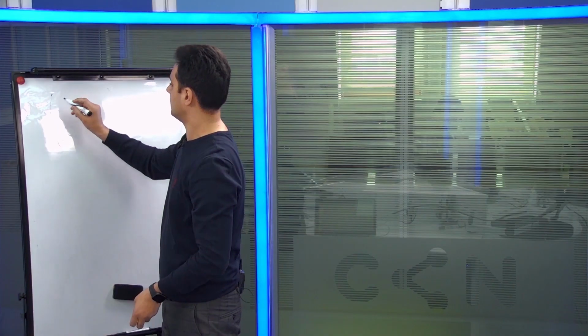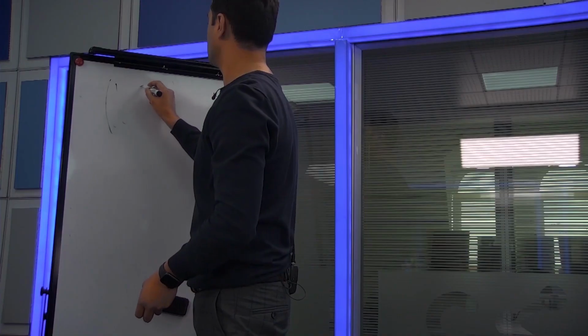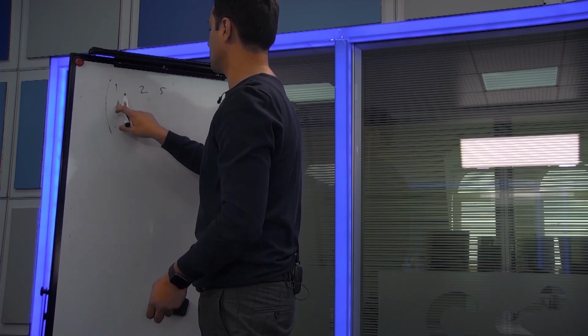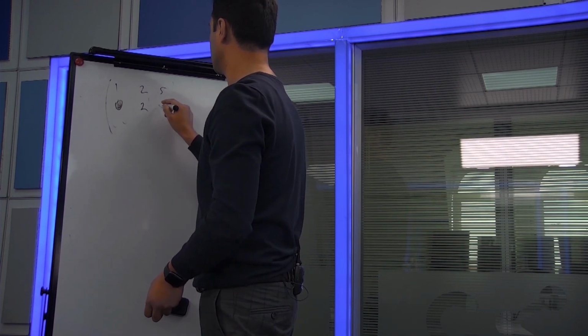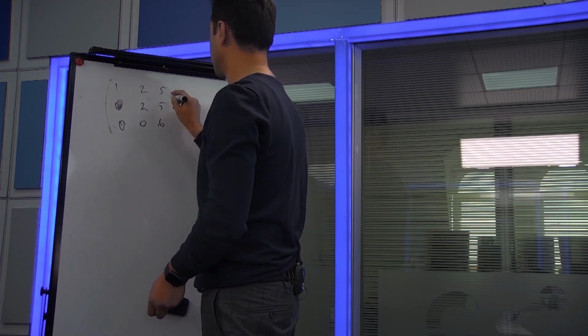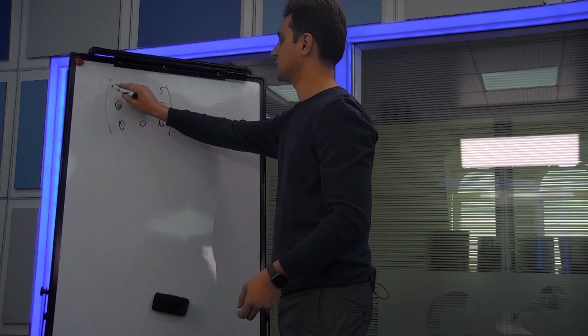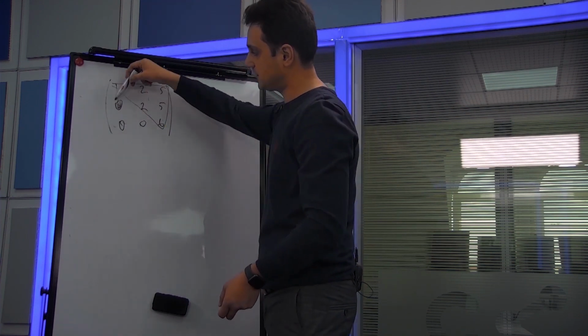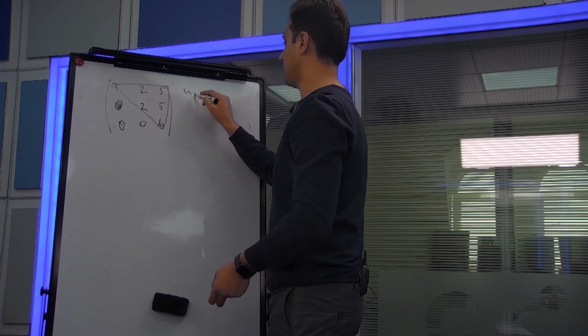For example, we have 1, 2, 5, 0, 2... sorry, it must be 0, 2, 5, 0, 0, 6. It's an upper triangular matrix, you see? It means that the lower elements must equal 0. It's an example of upper triangular.